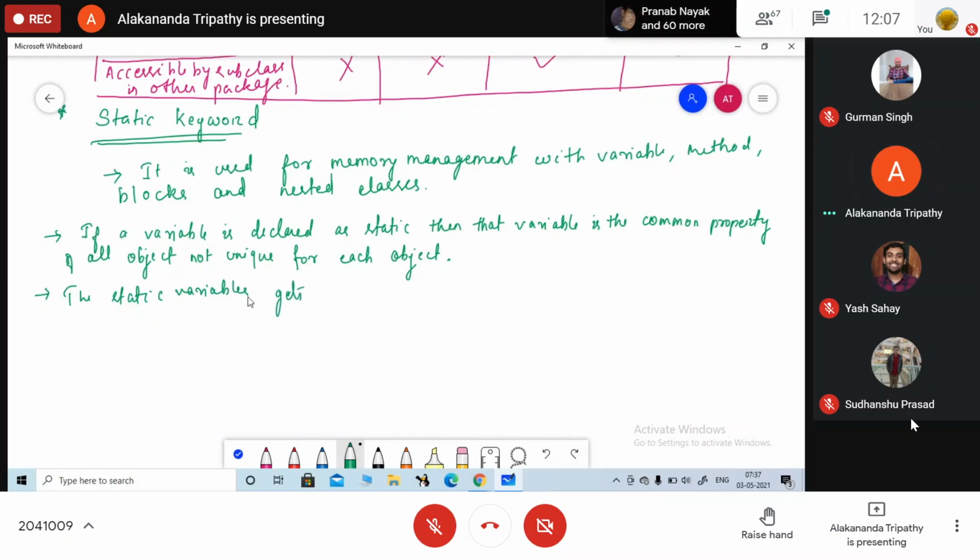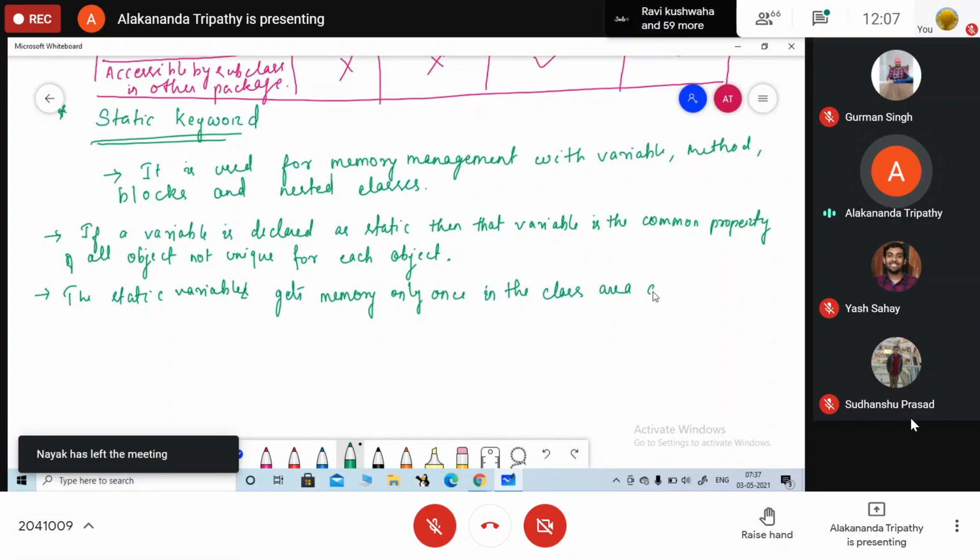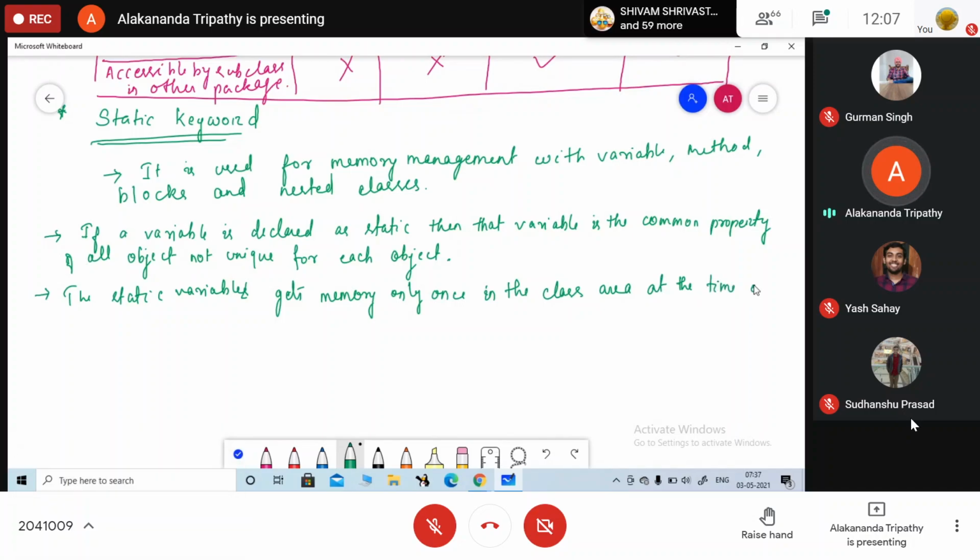gets memory only once in the class area at the time of class loading.